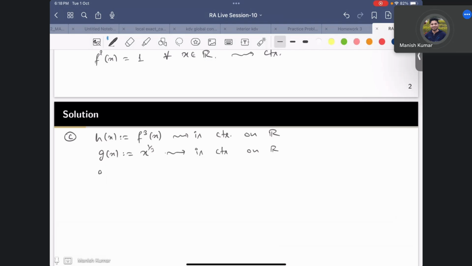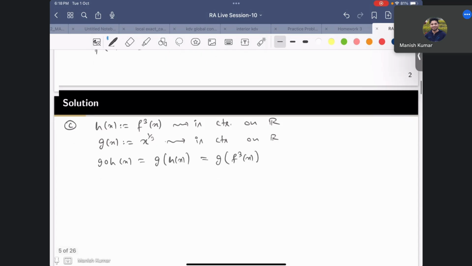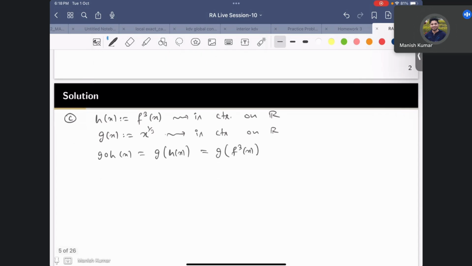So g composed h: this is g of h of x, which is g of f cube x, which is f cube x to the power 1 by 3, and this turns out to be f of x. Now h is continuous, g is continuous, so this composition is continuous, and this tells you that f is continuous.